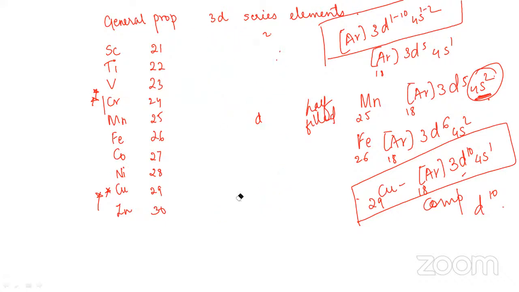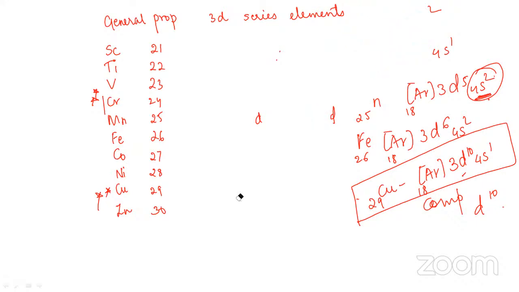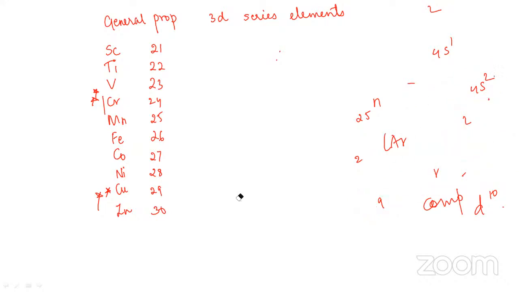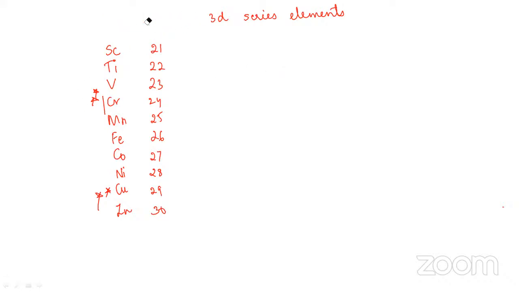What is ionization enthalpy? It is the minimum amount of energy required to remove an electron from an isolated gaseous atom. So this is termed your ionization enthalpy or ionization energy.